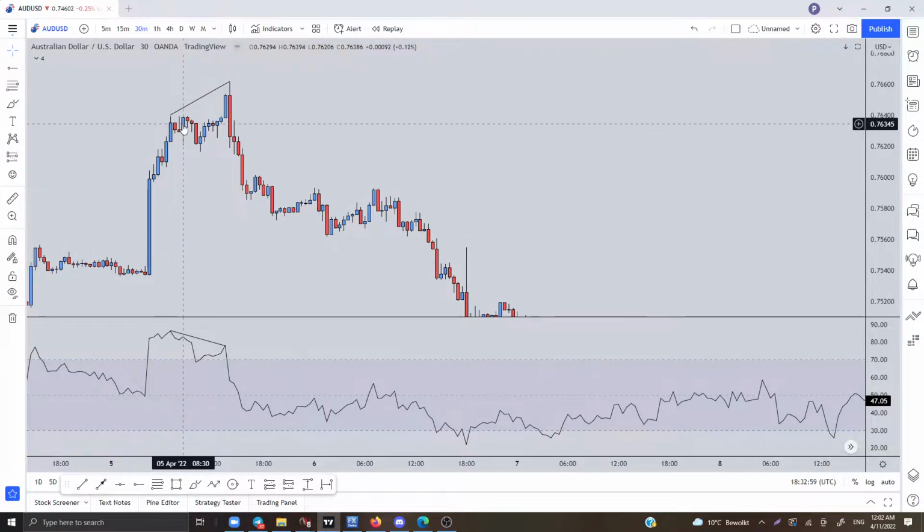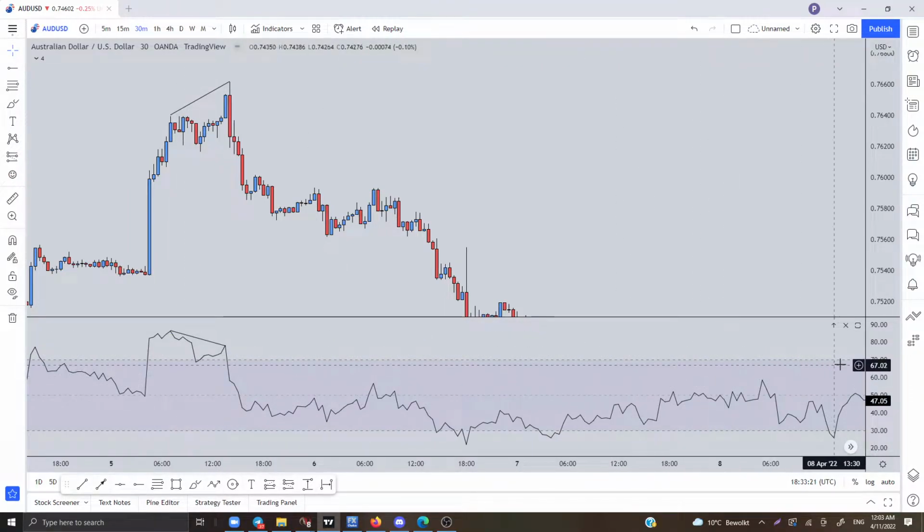AUDUSD price was going high, price was making higher highs, and RSI, or whatever indicator you use, you can use TDI, you can use a divergence indicator, any oscillator. You see price is making higher highs, and your indicator is making lower highs, and this is happening above the levels.